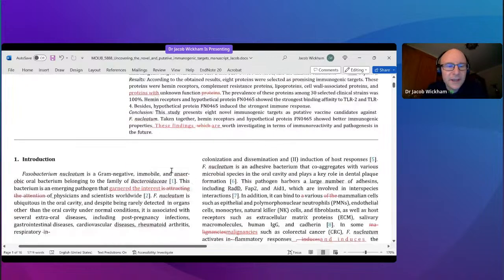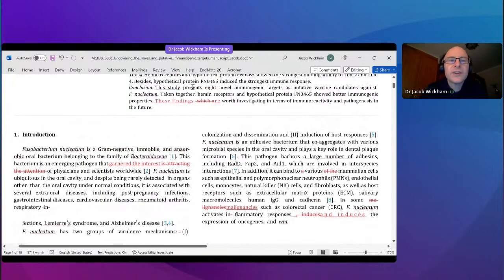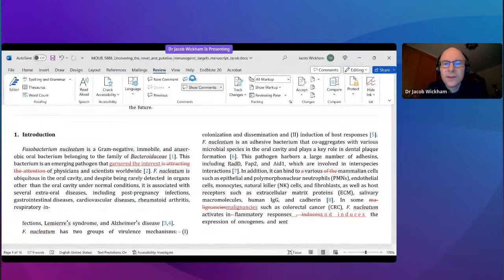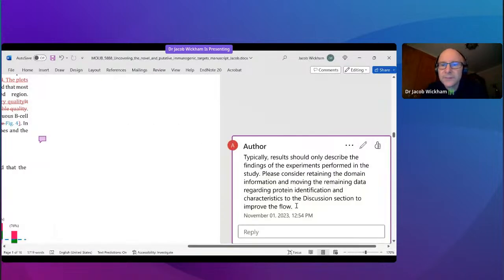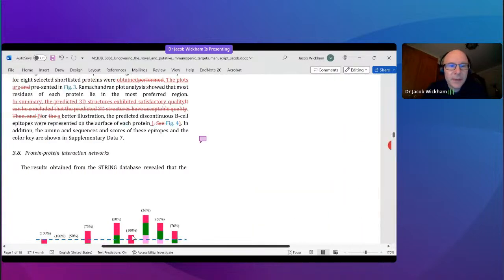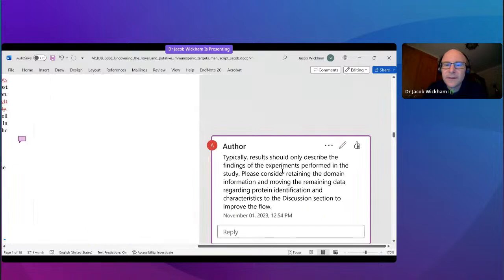But getting to the introduction, I wanted to show you some comments that we made to the authors. One of the mistakes in the paper is that results of other studies were put in this paper, and the authors should only consider the results that they obtained and not the results of other papers.